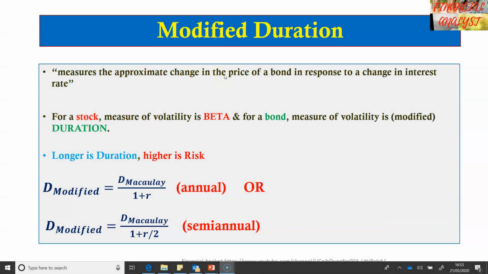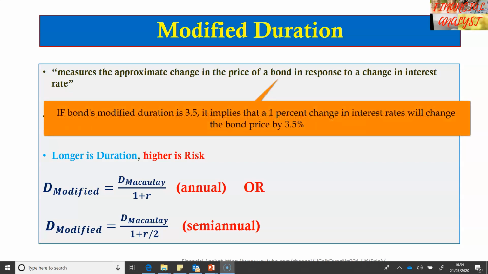Modified duration is a very useful tool as it measures the approximate change in the price of a bond in response to a change in interest rate. So for example, if a bond has a modified duration of 3.5 years, a 1% change in interest rate will lead to a 3.5% change in the price of the bond.